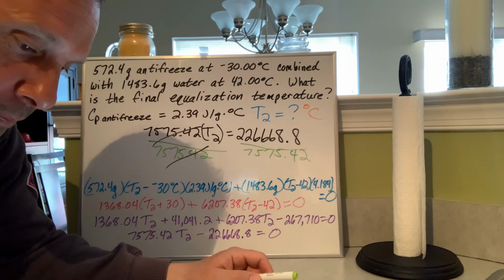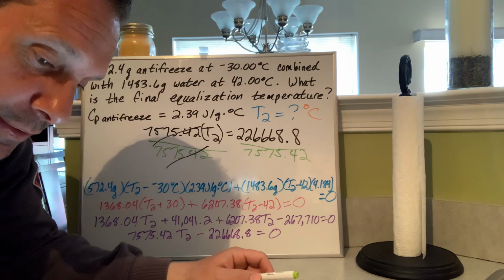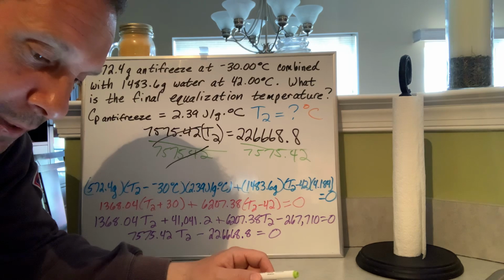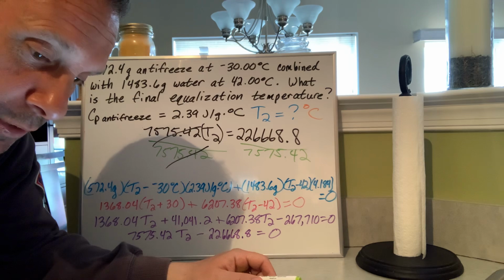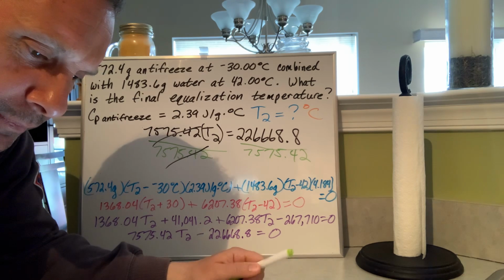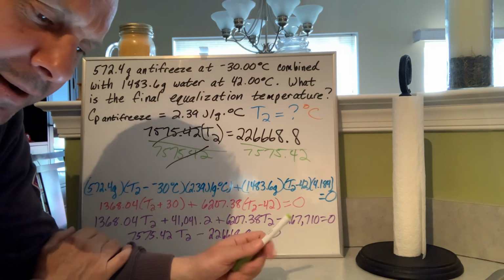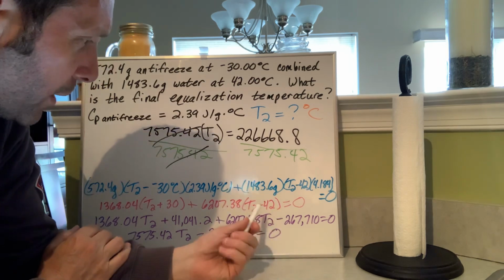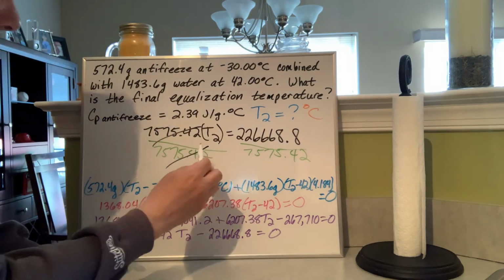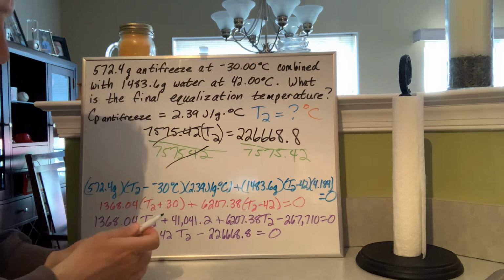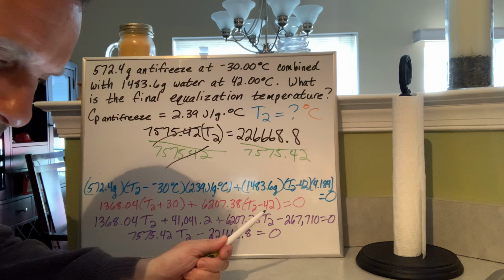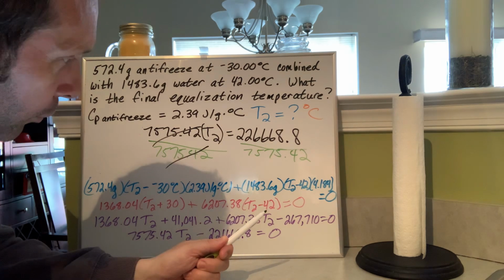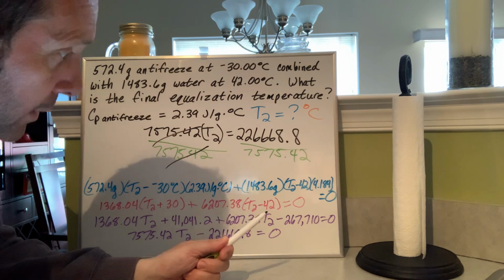222. Nope. 668.8 divided by 29.9. I think the answer should have been closer to 29. I might have rounded wrong somewhere. Let me make sure I got these numbers right. 6207. I got the feeling I wrote one of the numbers down. I apologize.